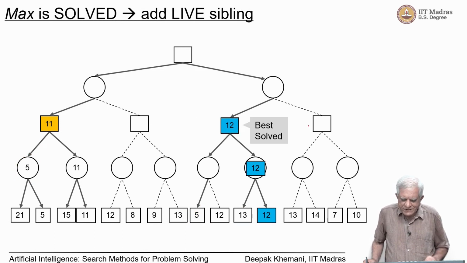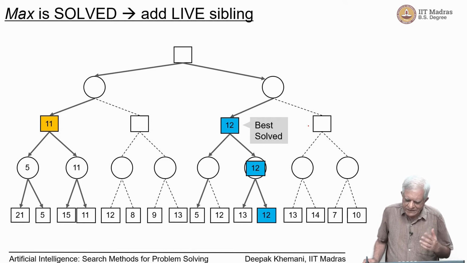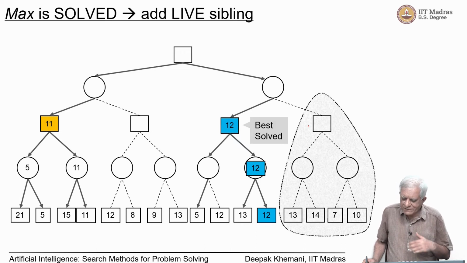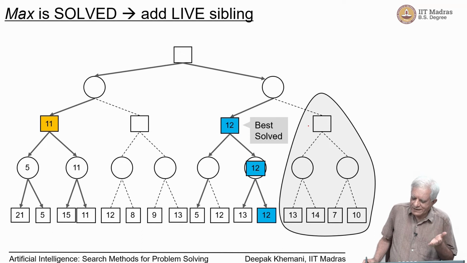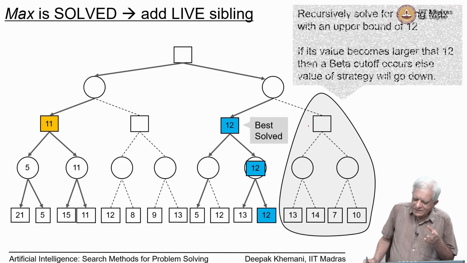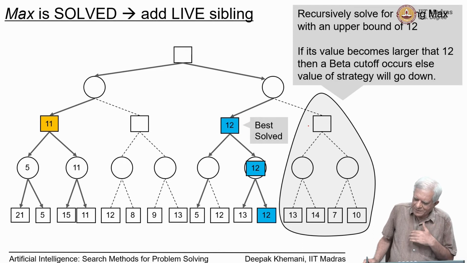So, this is the best solved node, and it is a max node, and what this algorithm that we will study shortly says is that you now recursively evaluate its sibling. Why recursively? Because we are looking at a max node. So, we can apply the same approach of searching for a strategy below a max node. So, recursively solve for a sibling, but now keep an upper bound of 12.